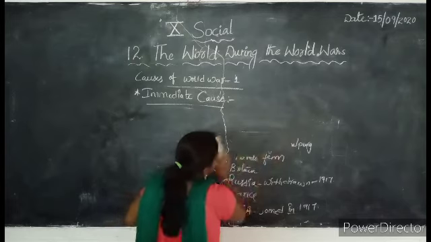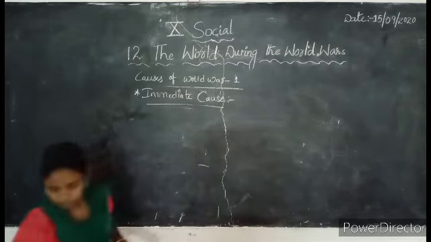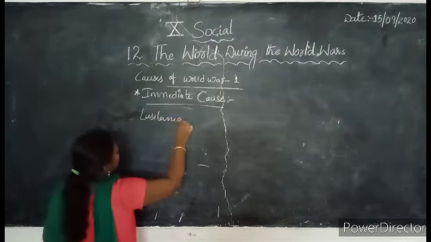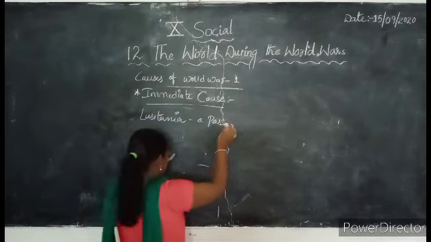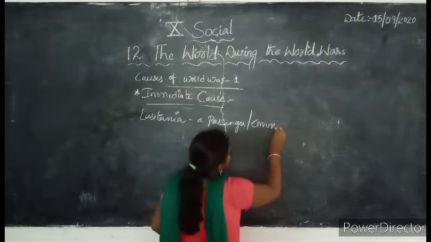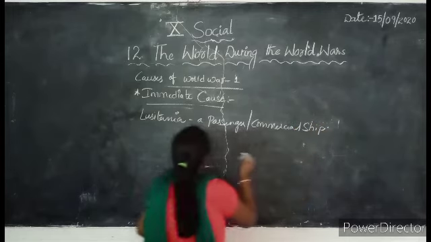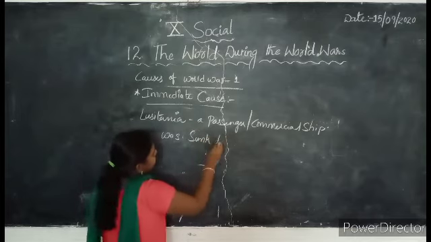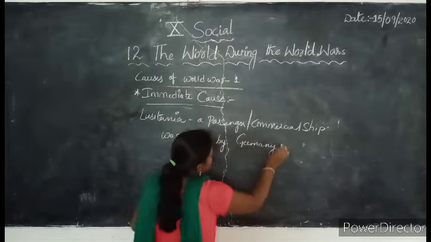Lusitania, a passenger and commercial ship, was sunk by Germany.